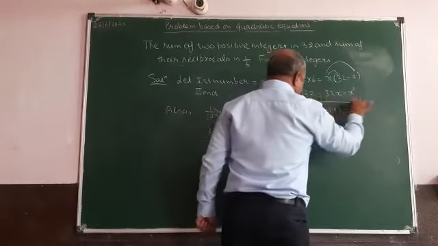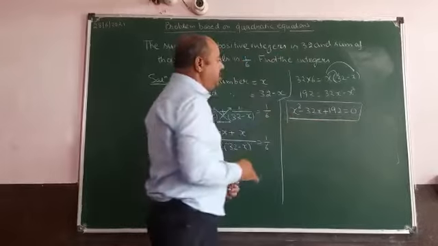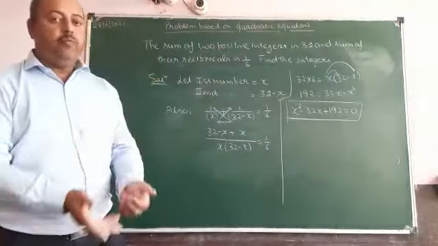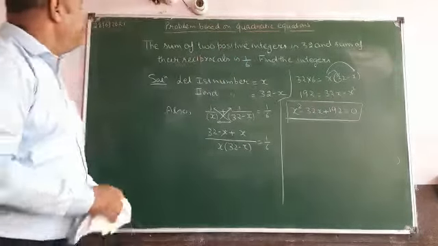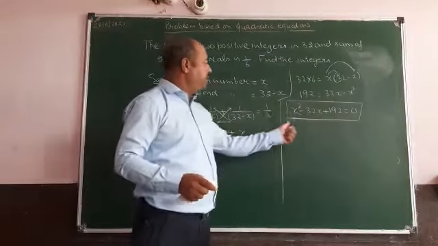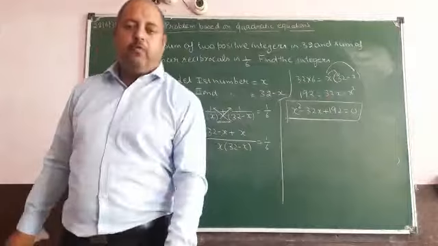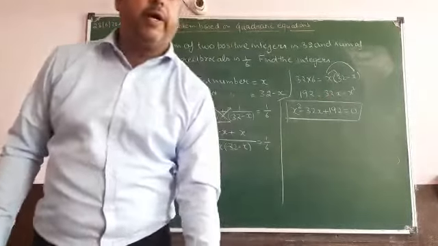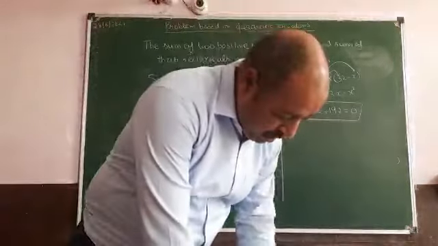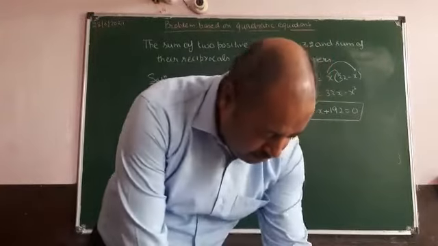Now this is the quadratic equation up to which we have to move first. Once we get this quadratic equation, x square minus 32x plus 192, we just have to solve it with the help of any method we can use.